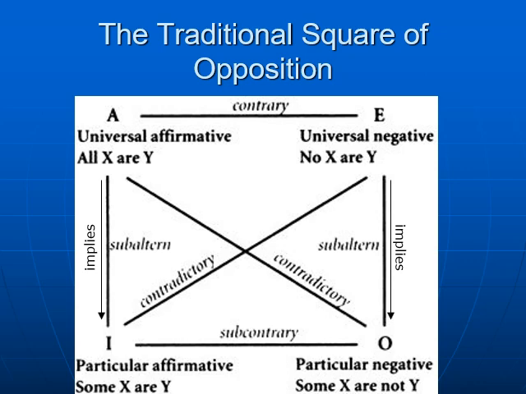And vice versa, of course. If you know the O statement is true, you can immediately conclude that the corresponding A statement is false. Likewise, you can do that with the A and E statements. If you know that the E statement is true, you can immediately conclude that the A statement is false. For subcontraries, it gets a little stickier, but you can do something there too. If you know that one of the subcontraries is false, you can immediately conclude that the other one is true.